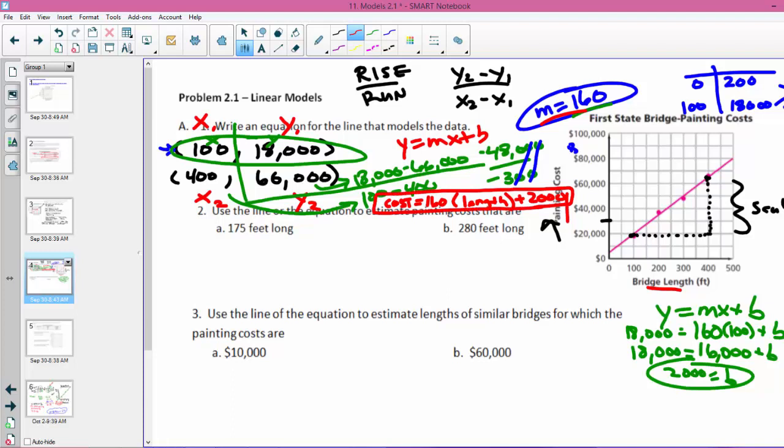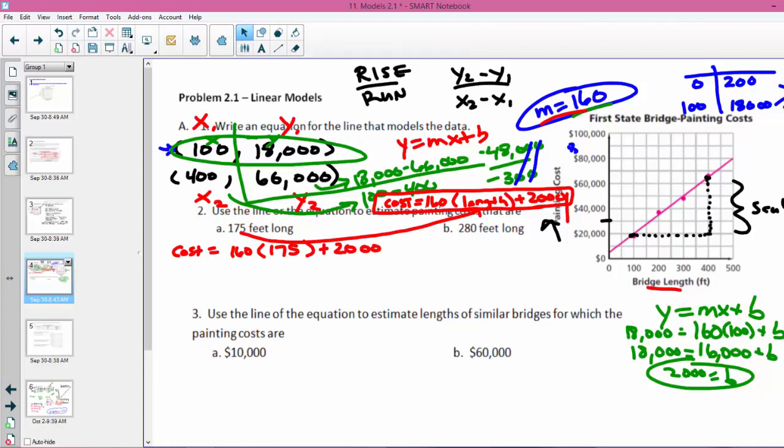So 175 feet long means 175 goes into x. So cost equals 160 times 175 plus 2,000.